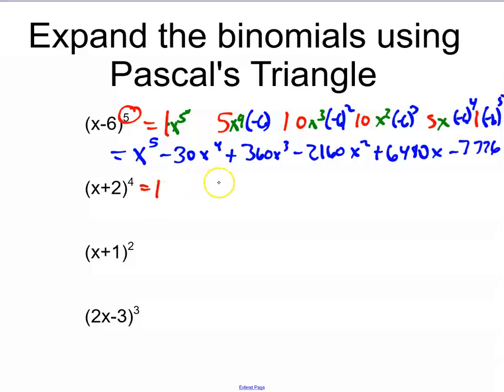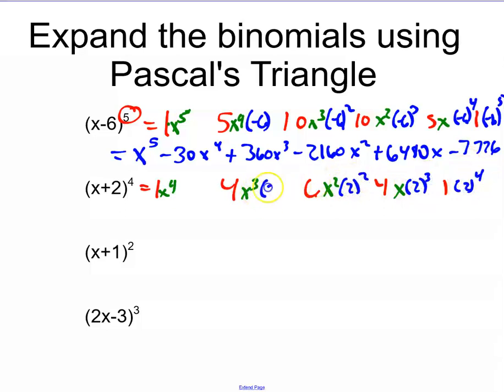So 1, 4, 6, 4, 1. Start with my first term, x to the 4th, x to the 3rd, x squared, and x. Then start from the other side with my second term, 2 to the 4th, 2 to the 3rd, 2 squared, 2.